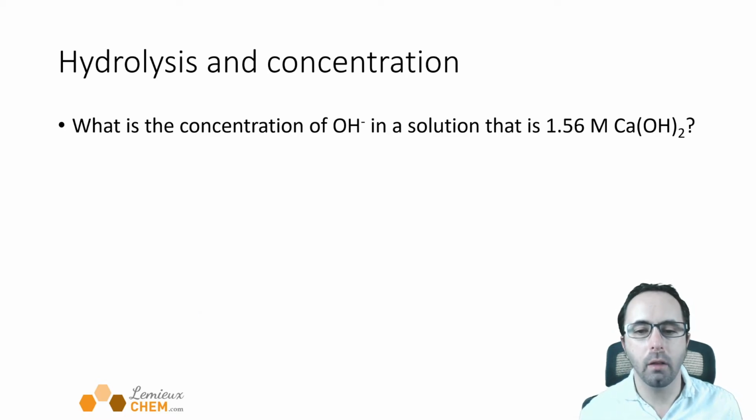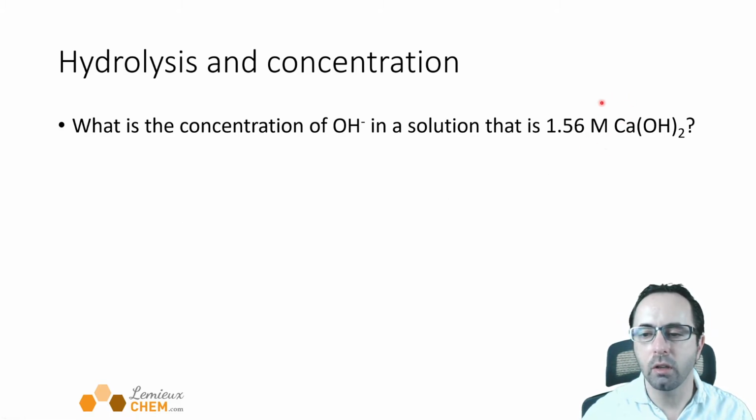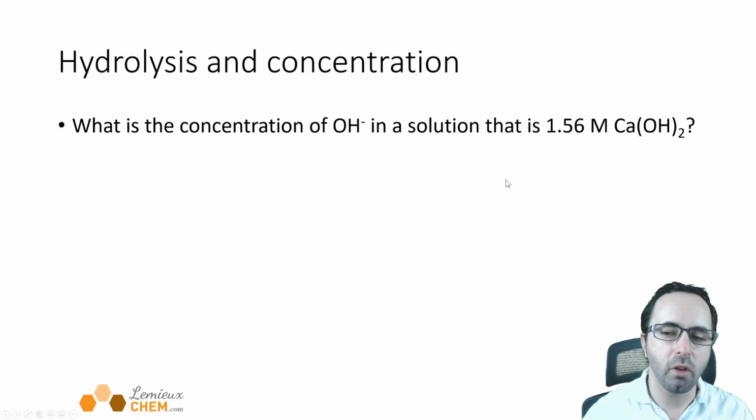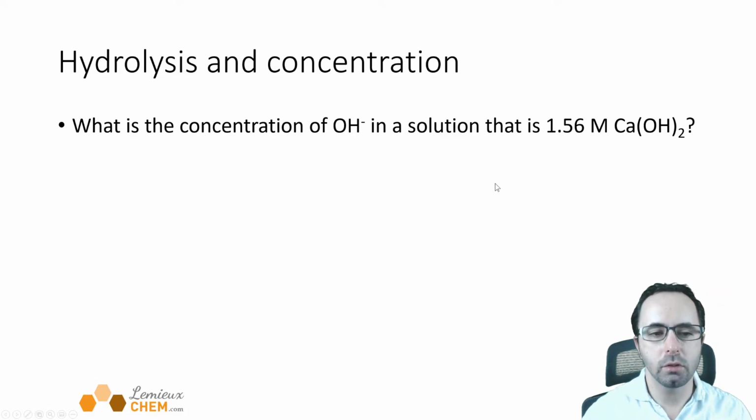Now, what about concentration? So in the solutions chapter, we talked about the concentrations of various things, and we use the concentration unit molarity, or moles of solute per liter of solution.